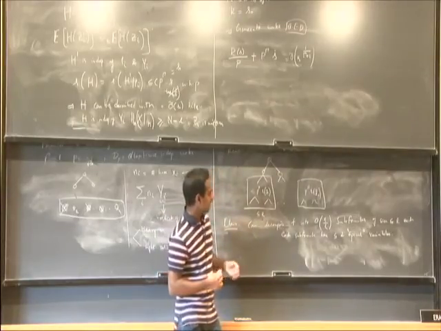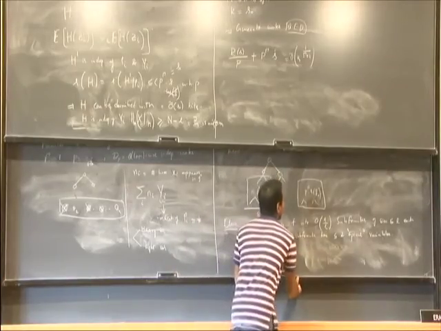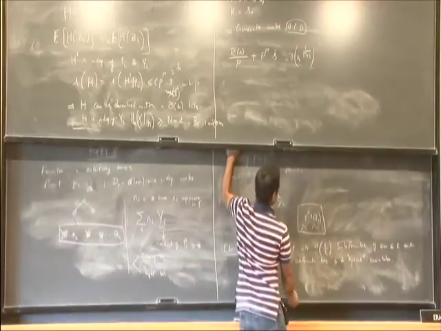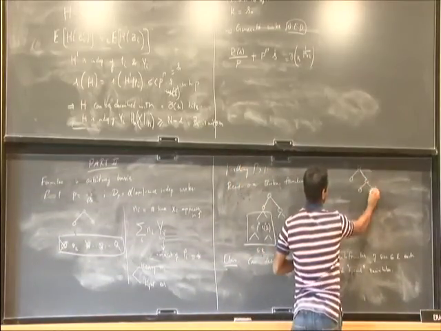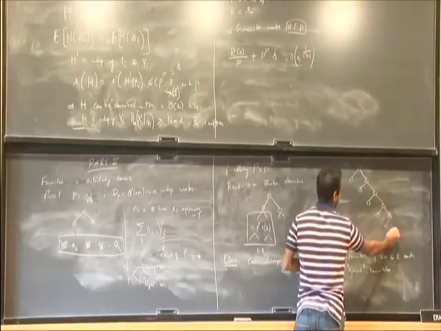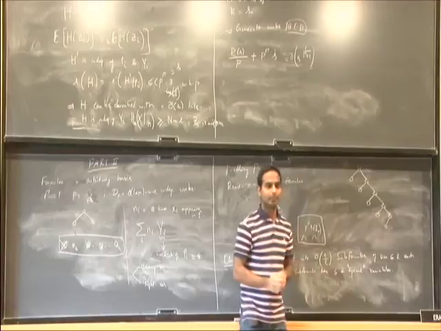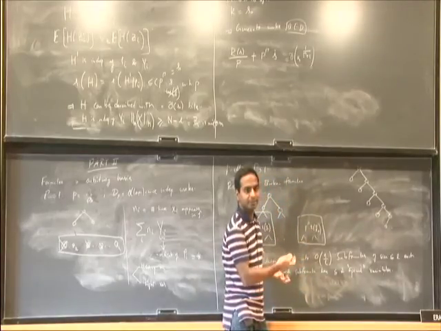But what's tricky is that this is for the complete binary tree. What do I do if my formula is something like this? I cannot get such a nice decomposition here.